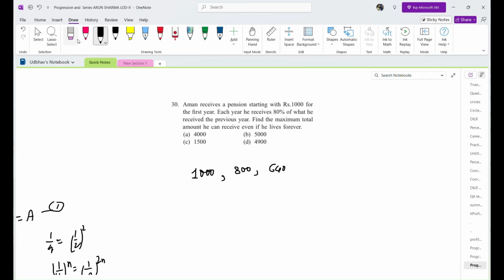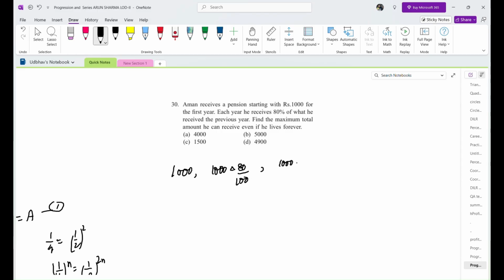But we should not write like this. Rather, first year the pension is 1000, next year the pension is 1000 into 80 by 100.